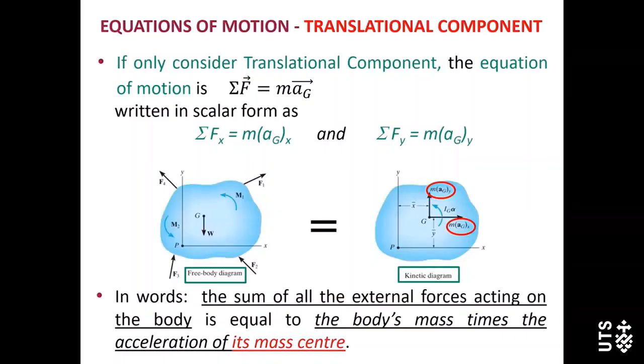Equations of motion have 2 components. They are translational component and rotational component. And here, please don't get confused. We are talking about translational component and rotational component instead of translational motion or rotation motion.